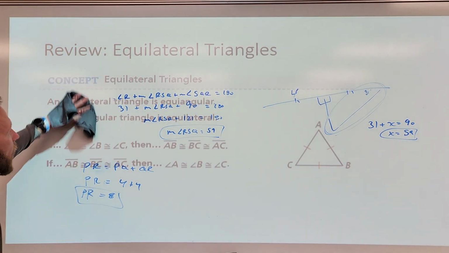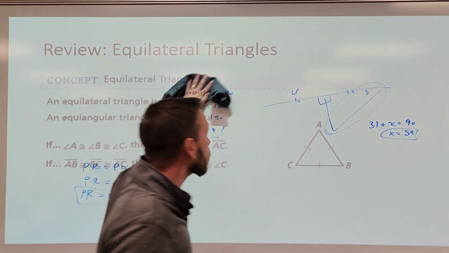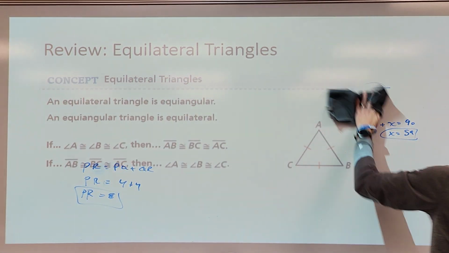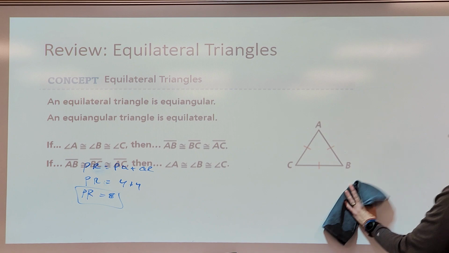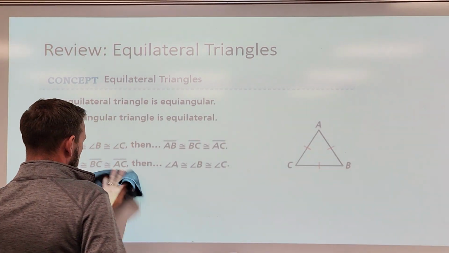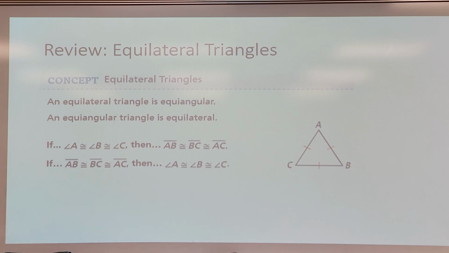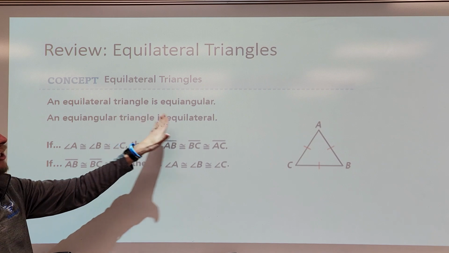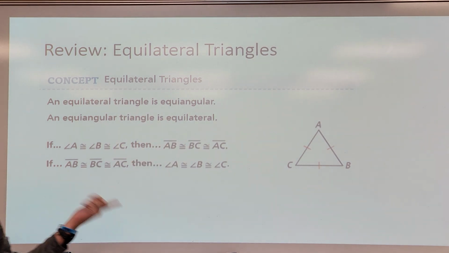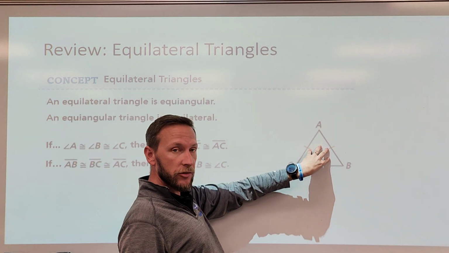All right, now when it comes to equilateral triangles, we learned in Unit 2 that equilateral triangles were also equiangular. And so we talked about that two units ago, and we're going to use that finally here today. So the concept that an equilateral triangle is equiangular and an equiangular triangle is equilateral is very useful to us. We know that each of these sides are congruent.